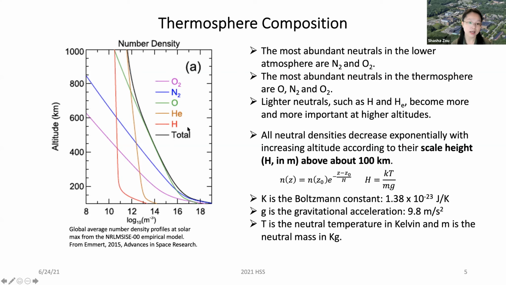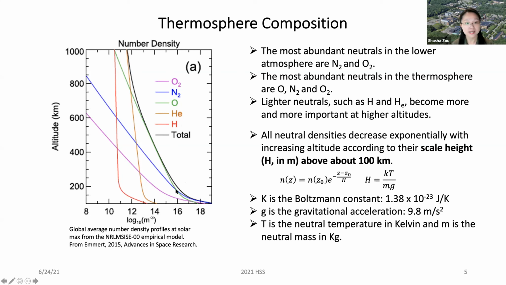On the other hand, let's look at oxygen, because oxygen, the atomic one, is very important. The atomic oxygen starts to appear around this 90 or 100 kilometers. And then gradually their contribution increases.